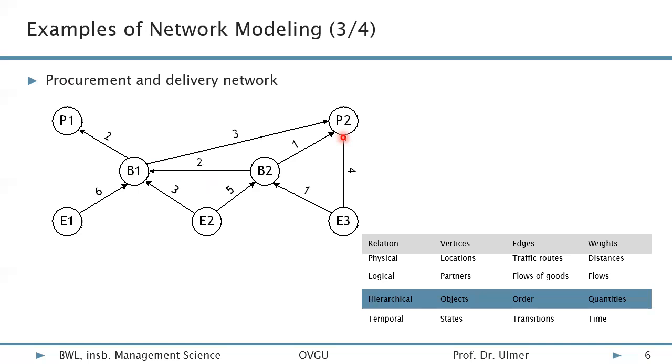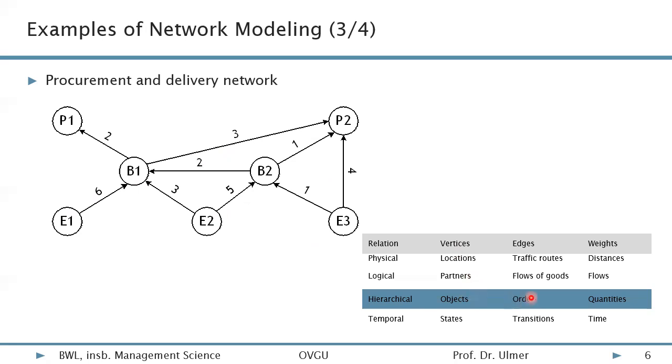And we can use this for planning what we need to order to produce these two products. Let's assume we have to produce 100 of them and 500 of them. Then this graph tells us what we need in raw material to produce it. So here, vertices are objects, material we need to produce.